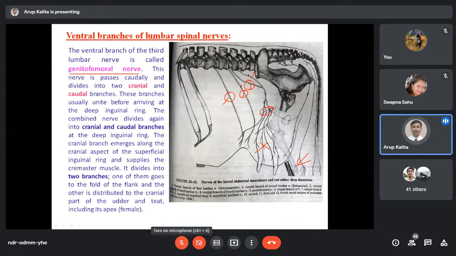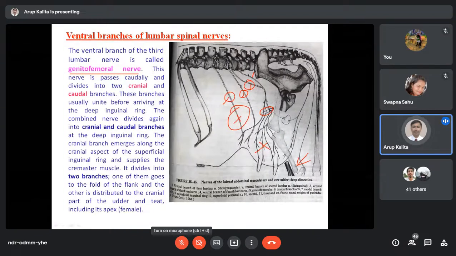Now here you see, the fourth, fifth, and sixth will form the lumbosacral plexus. The first, second, and third will go to the ventral side of the abdomen, where they supply. First is iliohypogastric, second is ilioinguinal, third is genitofemoral.